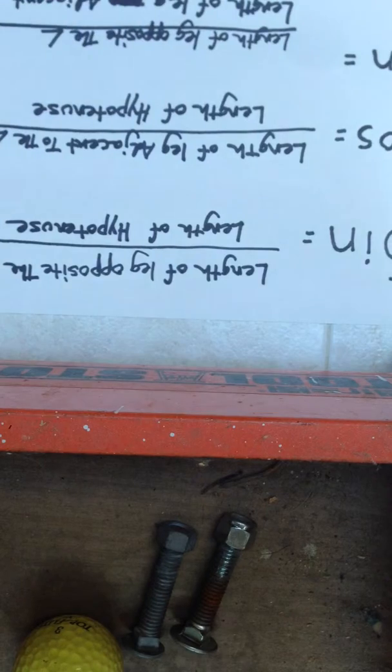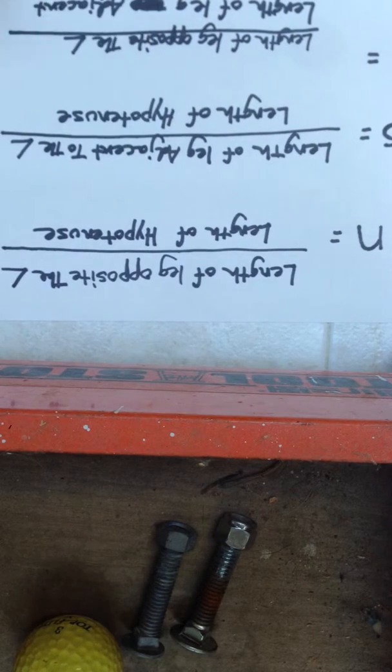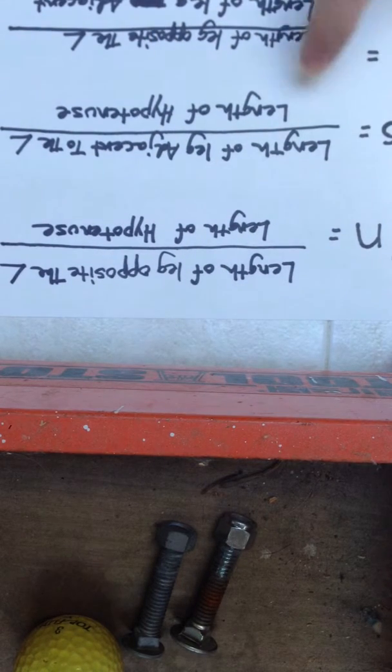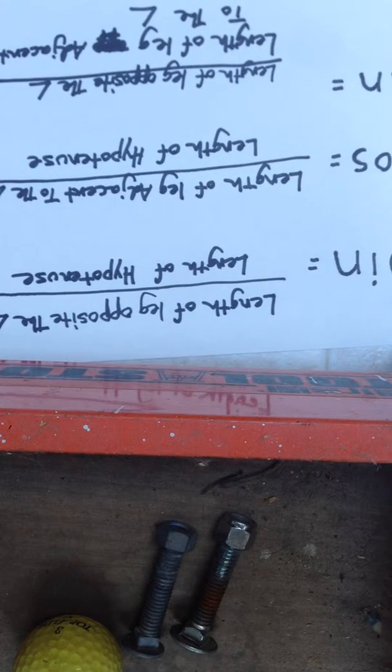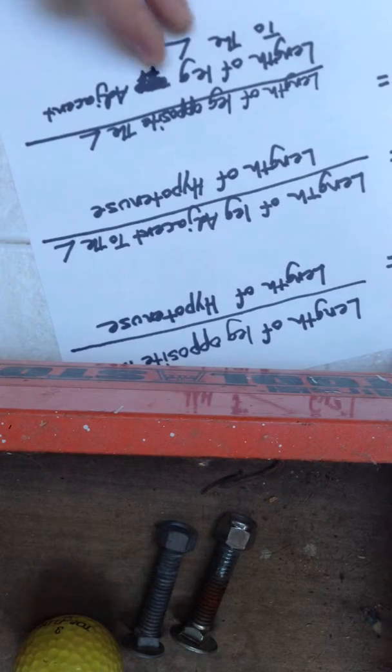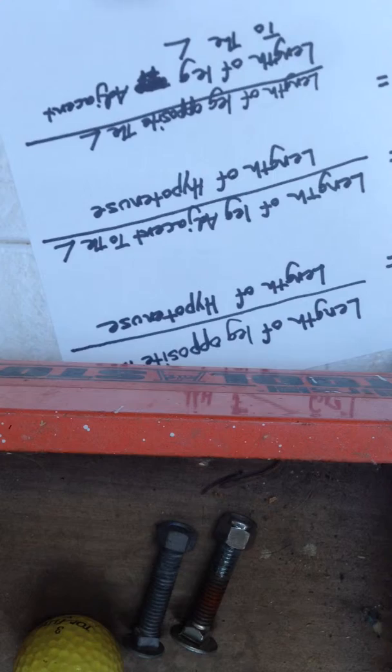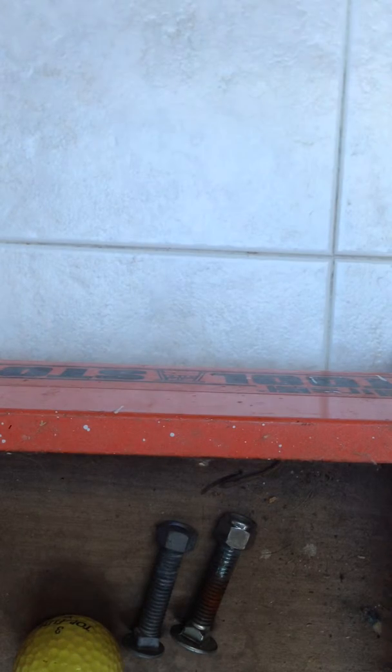For cos, and guys, write this down, this is really important, it's the length of the leg adjacent to the angle over the length of the hypotenuse. And tangent, finally, is the length of the leg opposite the angle over the length of the leg adjacent to the angle. And we know that this crocodile mouth basically is just the angle. That's something that we've worked on before.